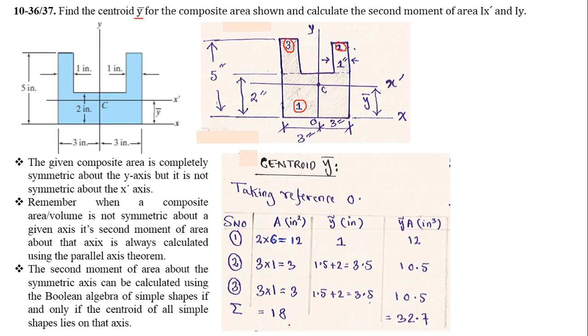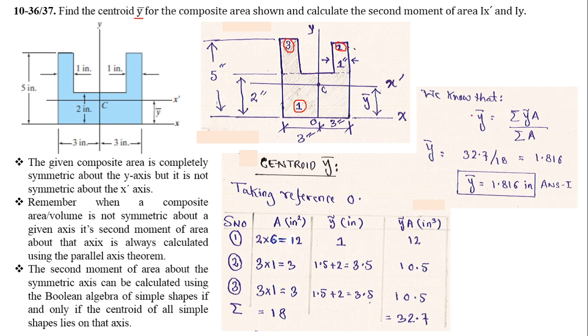So you have to take summation of this first column, which is 12 plus 3 plus 3, 18 inches square, and you have to take sum of this third column, 12, 10.5, 10.5, which is 32.7 inch cube.